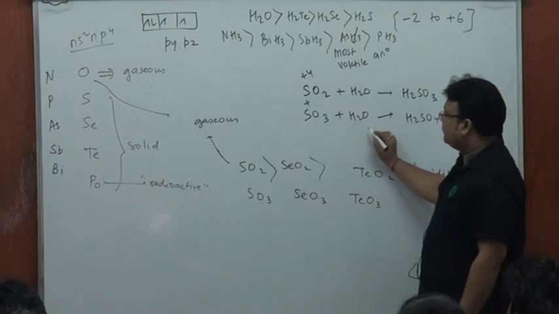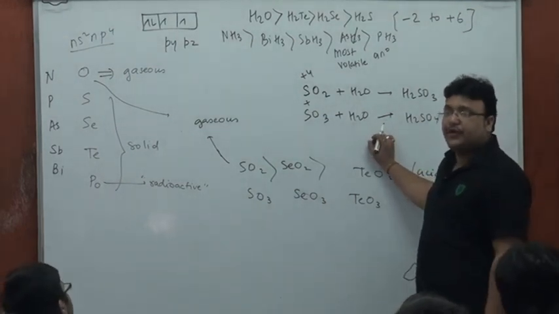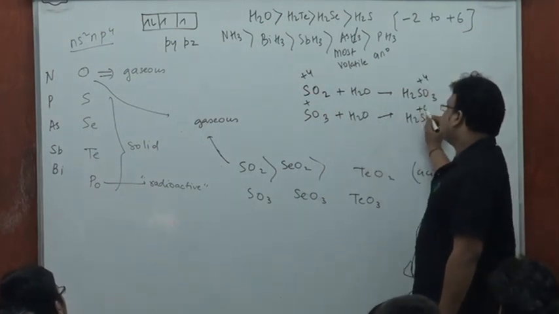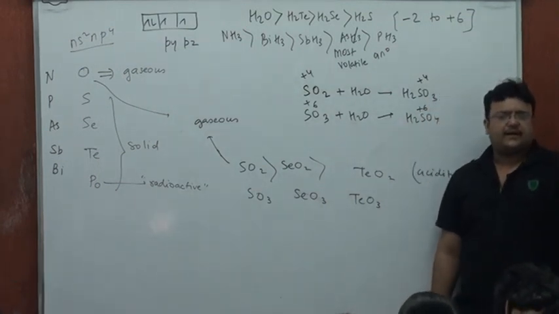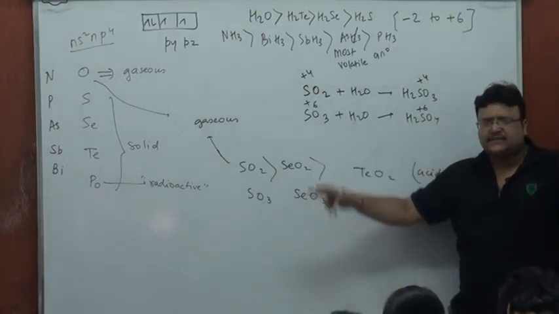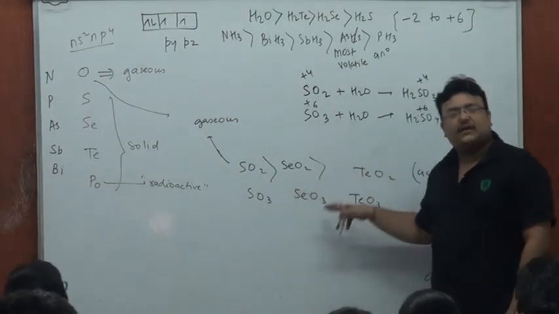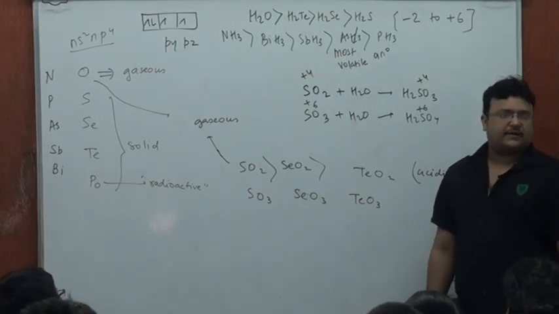This is hydration, and in hydration the oxidation number will be constant. So this will give you the +4 valent acid, this will give you the +6 valent acid. Sulfurous anhydride, sulfuric anhydride, ous acid, ic acid: sulfurous, sulfuric, selenous, selenic, tellurous, telluric are also expected names. Fine.